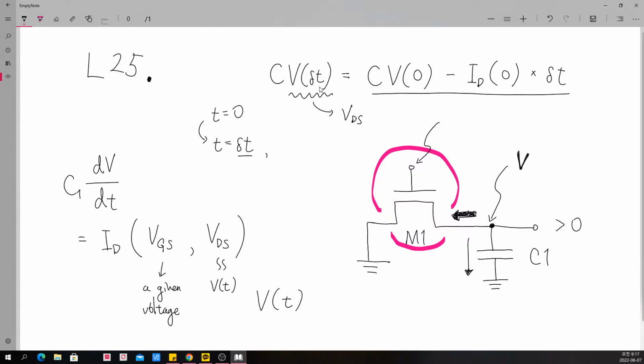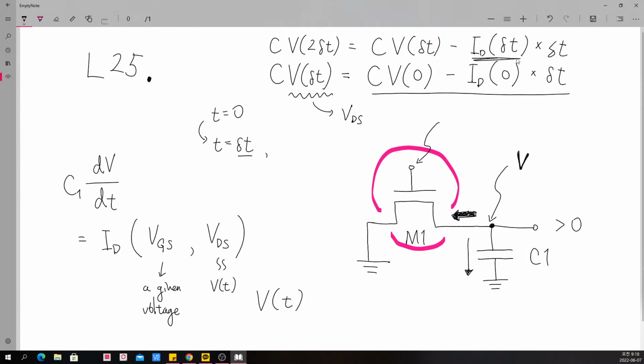For example, C times V of 2 times delta t is simply given by C times V of delta t minus ID of V of delta t times, once again, delta t.